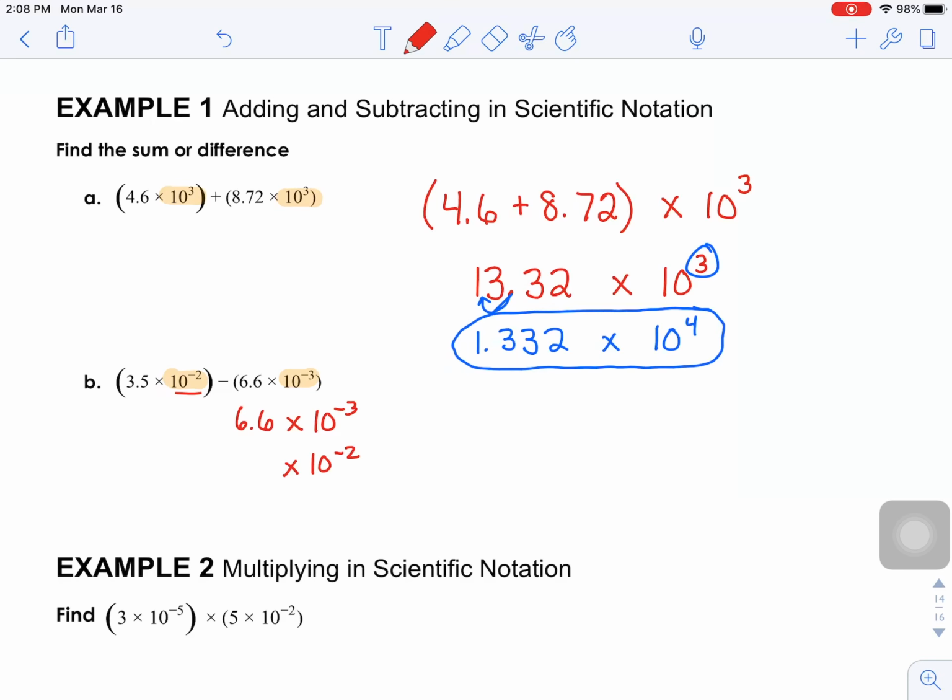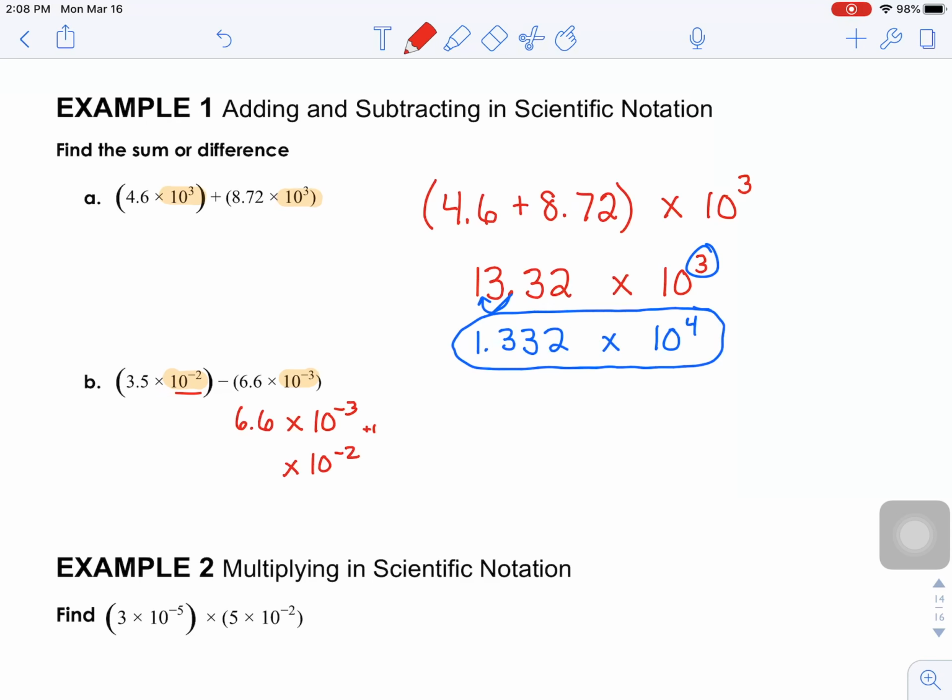If I make my exponent larger by 1, that means I'm going to have to move my decimal over to the left to make that number smaller. So it becomes 0.66 times 10 to the negative second.